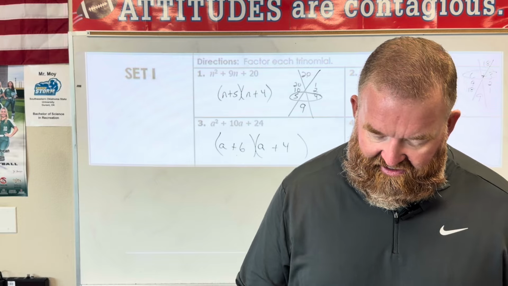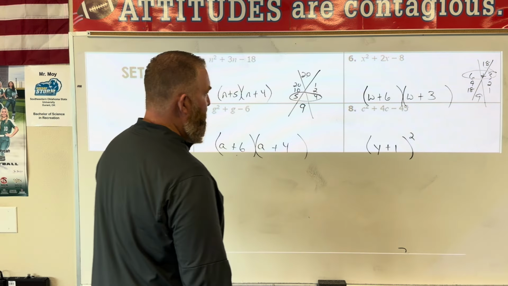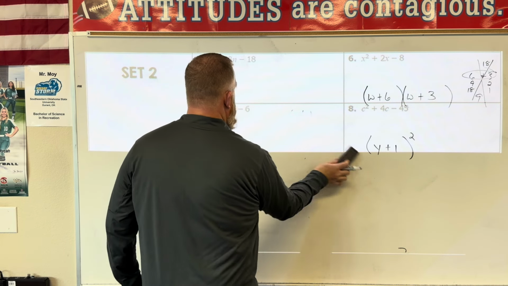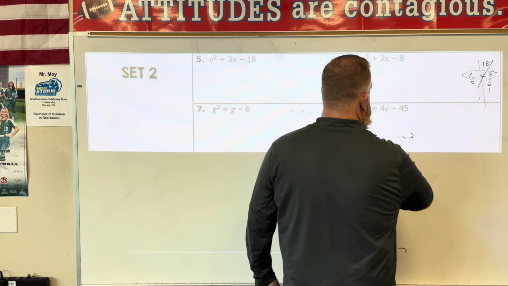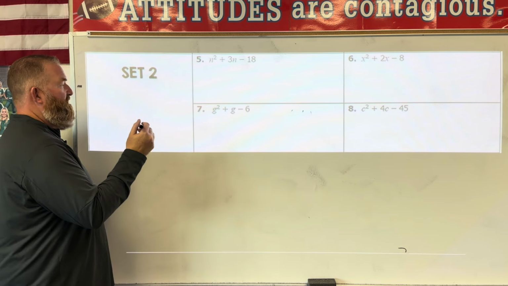Now we're going to change it. Let's put some negatives in there. All right, one big rule that I want you to understand, a massive rule, and you're going to hear me say this more than once.